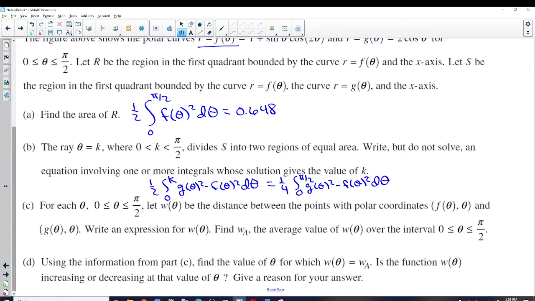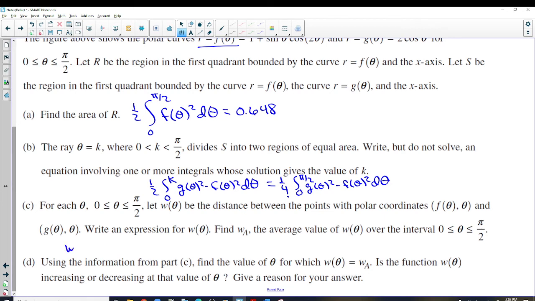So where would we cut that off so that we would have half the area? And so the right side represents all of the area, left side represents half of it. And of course, half of a half is 1/4. For each theta, 0 to pi over 2, let w of theta be the distance between the points with f and g.